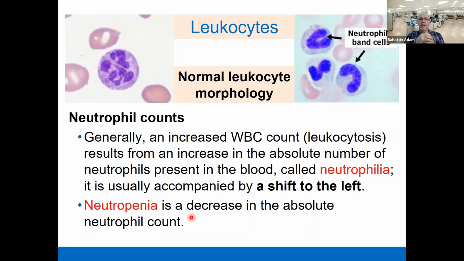This means an increased white blood cell count almost always means an increased number of neutrophils, and therefore we also call it neutrophilia. Leukocytosis is the general name we use in case of increased white blood cells; however, you can also say neutrophilia.